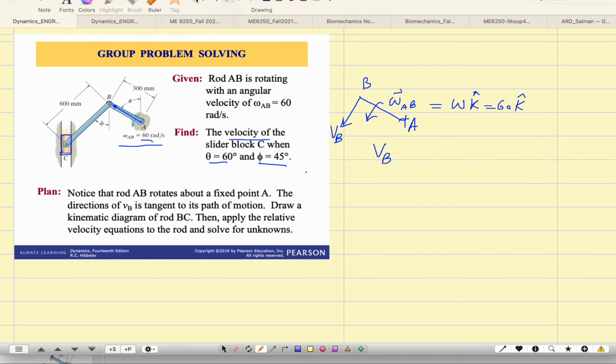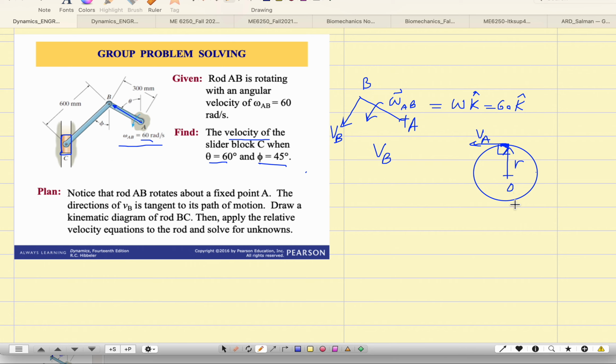VB is pure rotation. As I mentioned earlier, if you have pure rotation and the body is moving in a round path, suppose this is the point, this is the perpendicular, velocity is tangent to the path, and the radius is towards that.